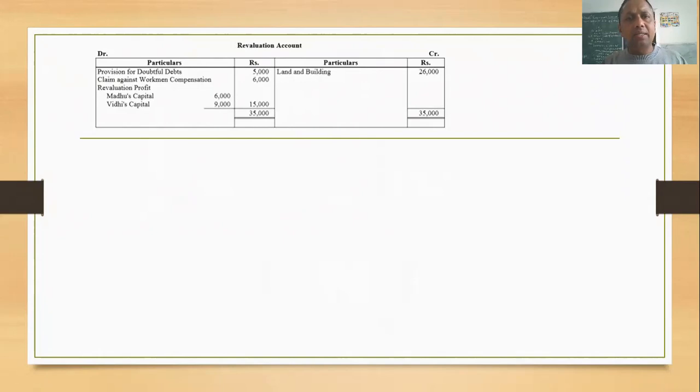Land and building is credited. Provision for doubtful debt decreases the value of debtors, so it is debited. And the liability is created as workman compensation, which was earlier not shown in the balance sheet, so this liability is increased.